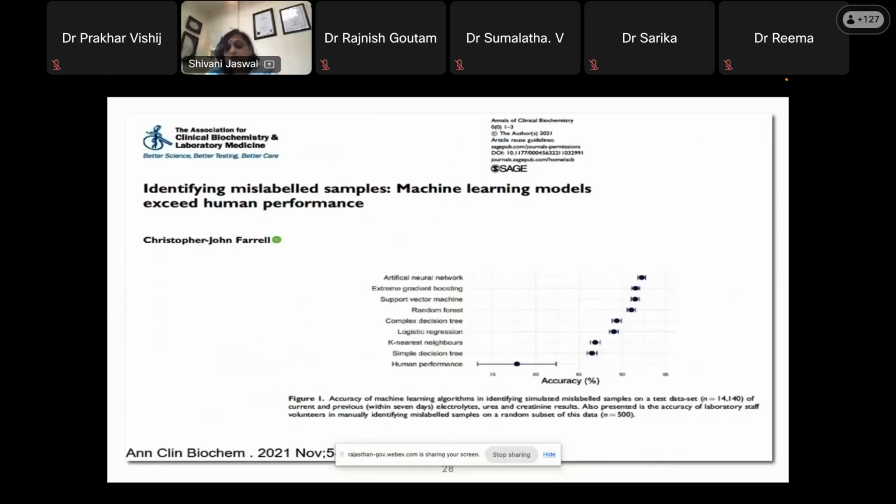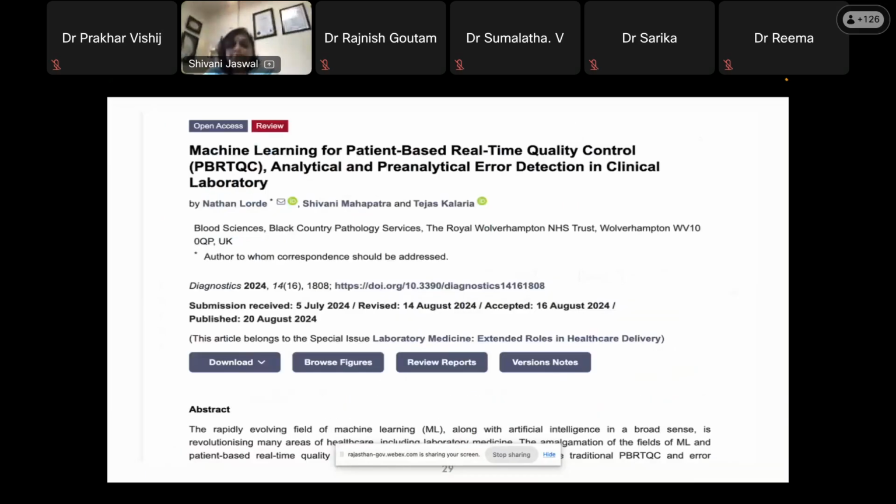They used different tools, but in all these tools the accuracy was more than the human performance. Then machine learning tools have been developed for quality control, analytical pre-error detection, and again it has been found that these tools work much better than the simple quantification of the data.